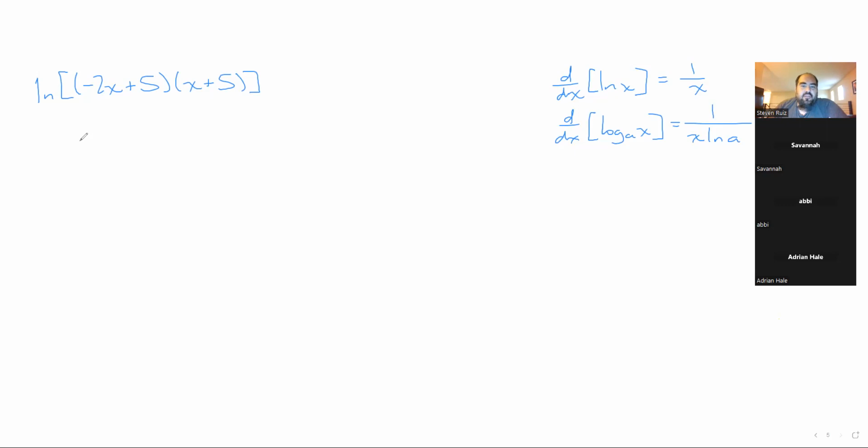What can we do here? We did one kind of like this in class. One thing we know about logs is that the natural log of AB is equal to the natural log of A plus the natural log of B. So one thing I could do is write the natural log of negative 2x plus 5, plus the natural log of x plus 5.